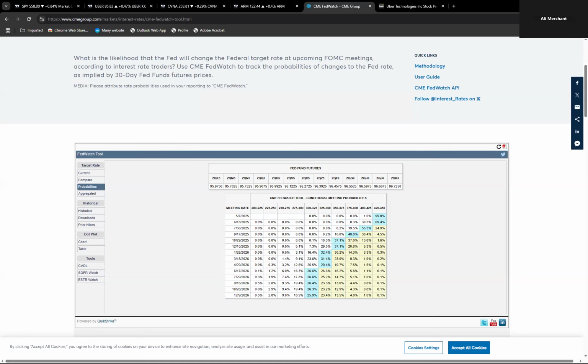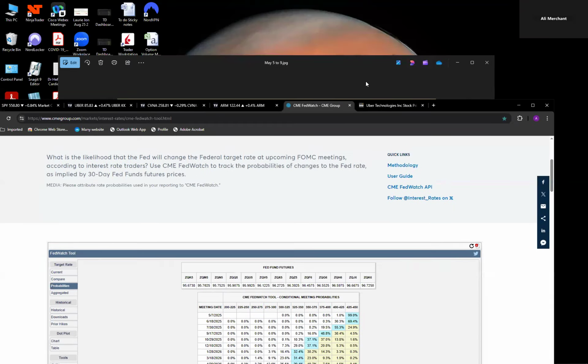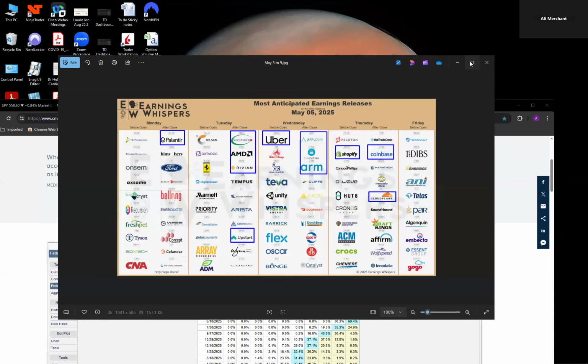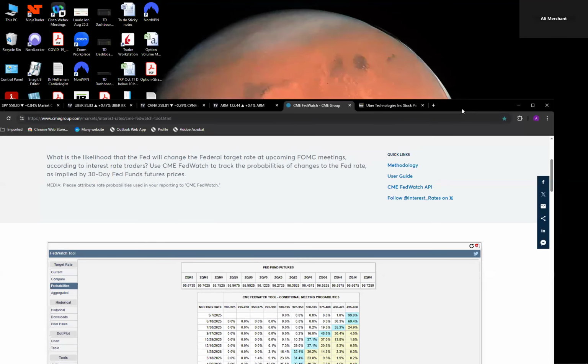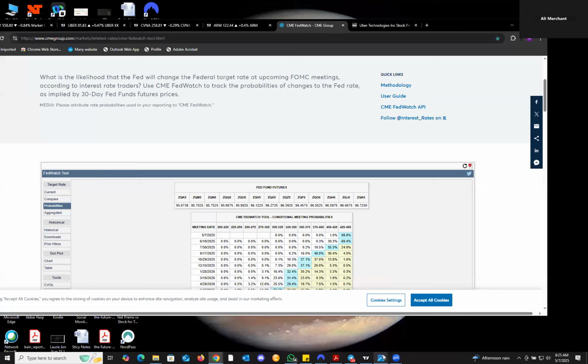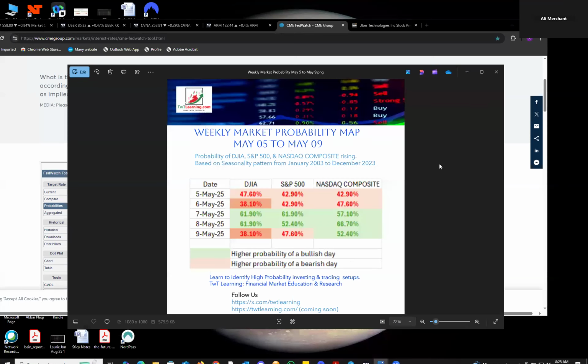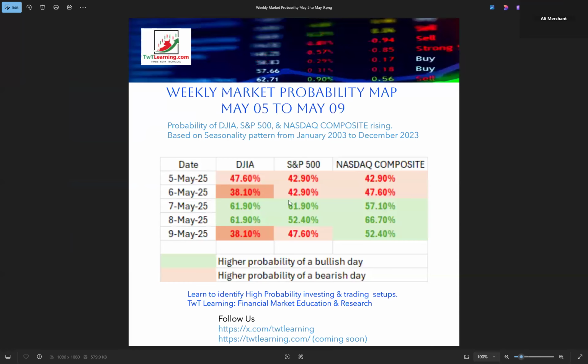Another thing I want to show you: we have a lot of earnings today. The earnings I'm going to cover are Carvana, Arm, and Uber, whose earnings were already announced. I'm going to walk you through Uber's earnings and what's happening post earnings. Let me show you the probability map I produced for this week.